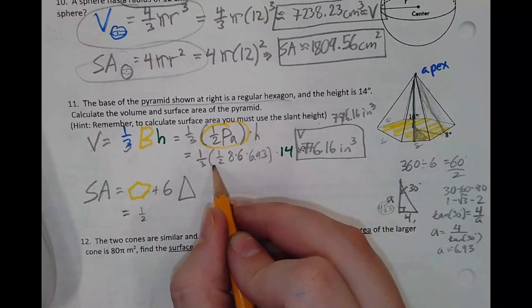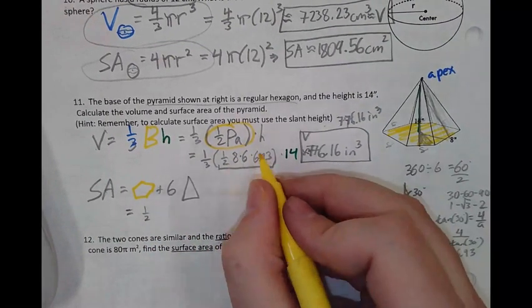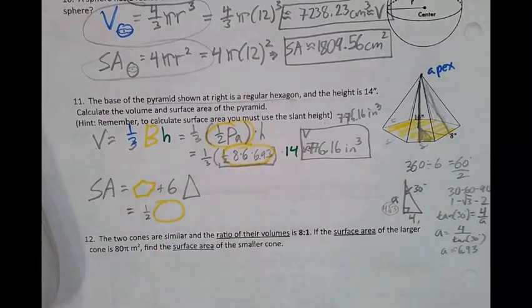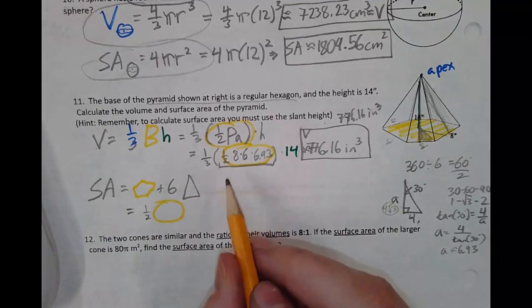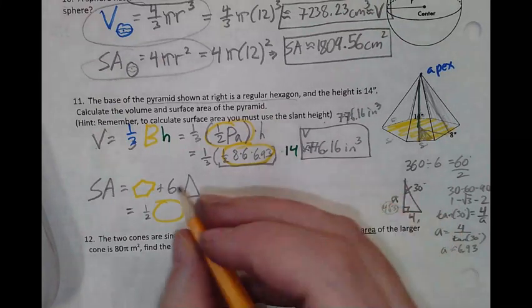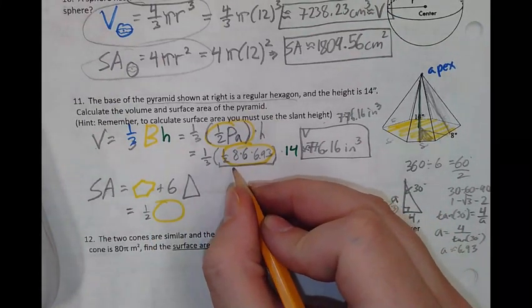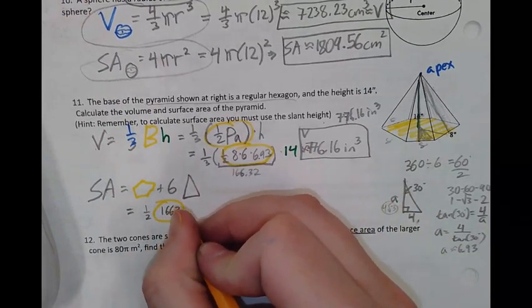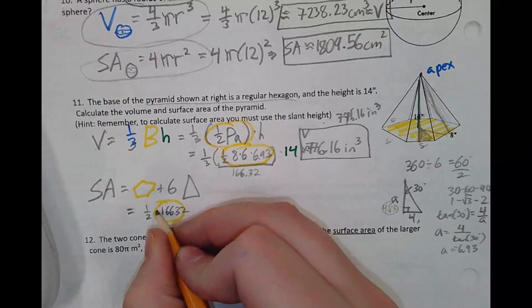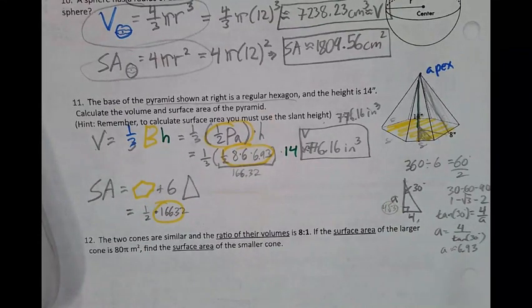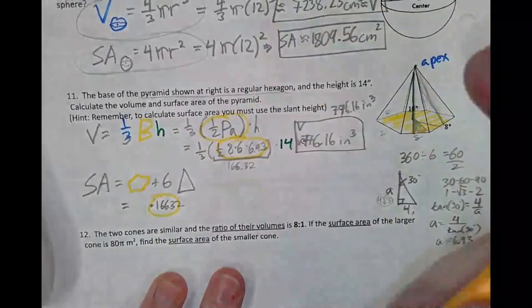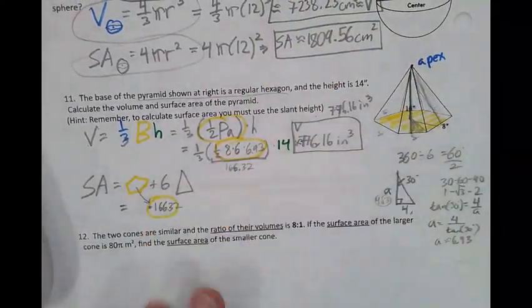We did it right here. That was the surface area of the hexagon. One-half times 8 times 6 times 6.93. The answer is 166.32. So the area of one hexagon was 166.32.